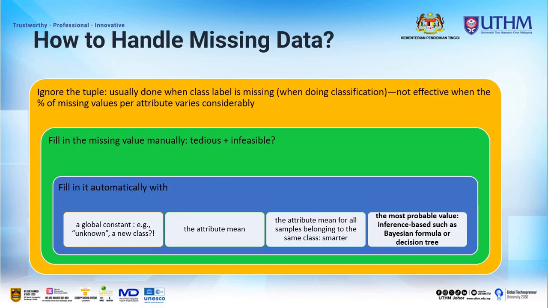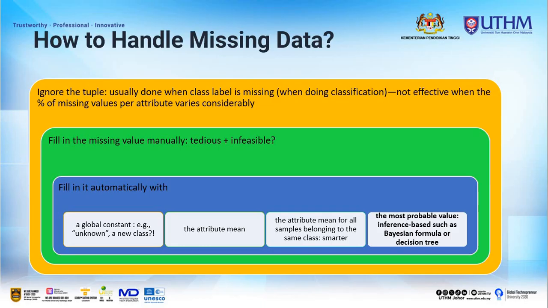How to handle missing data? First of all, we can ignore the entire record, but this might cause data loss. It can be either the entire row or entire column. We can use a global constant like unknown instead of ignoring them.